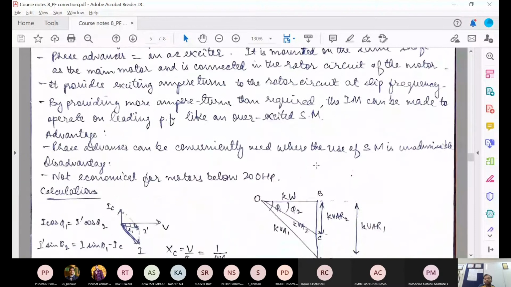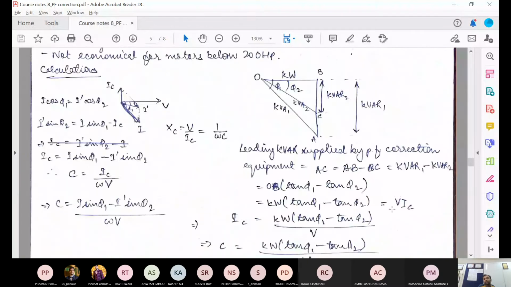Depending upon the angle between V and IC, this power can have different quality. It can be purely real power if this voltage and current is across a resistor. If it is a mixed load, a combination of R, L or C, then it will have some particular power factor angle different from 0 and 90, somewhere in between. And if, like in this case, it is completely across a capacitor, the voltage and current will have a 90-degree phase difference, and therefore this is entirely reactive power.